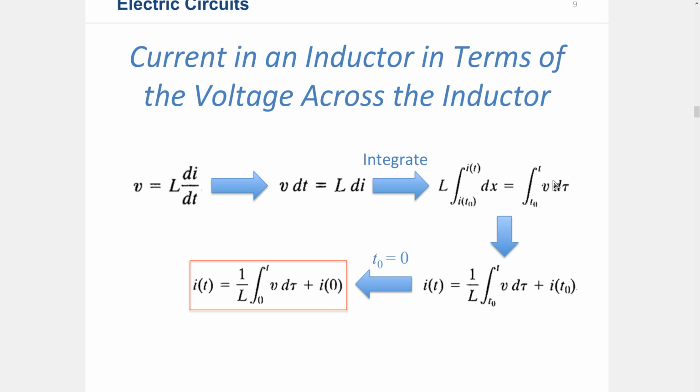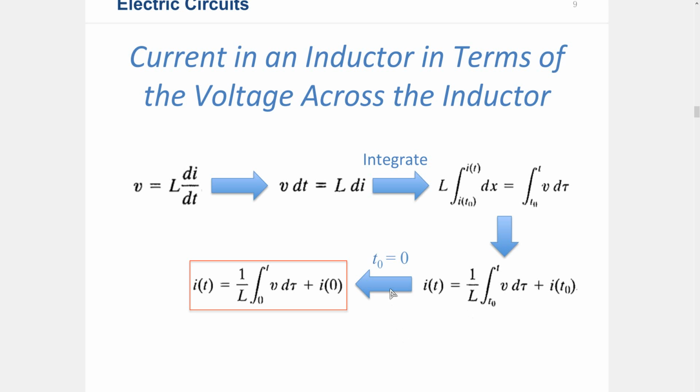If we simply do the math, we can define the current across the terminals of an inductor as 1 over L times the integral from t0 to t of v dt, plus i(t0). i(t0) is the initial current, if it exists for the inductor, plus some term that's inversely proportional to the inductance and proportional to the time integral of the voltage.